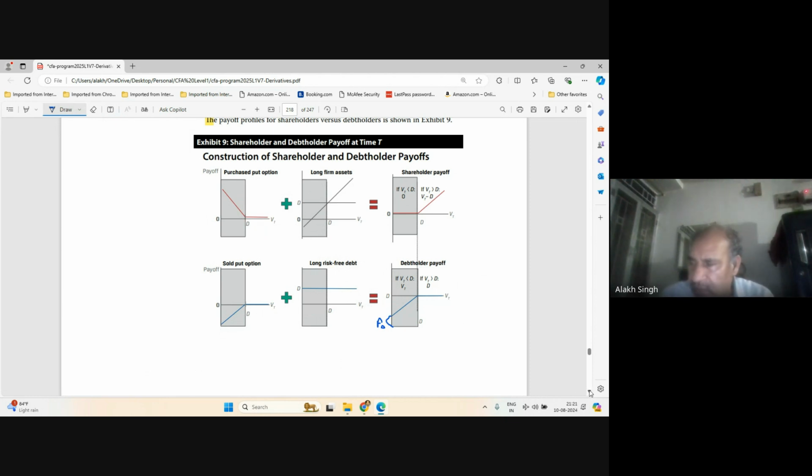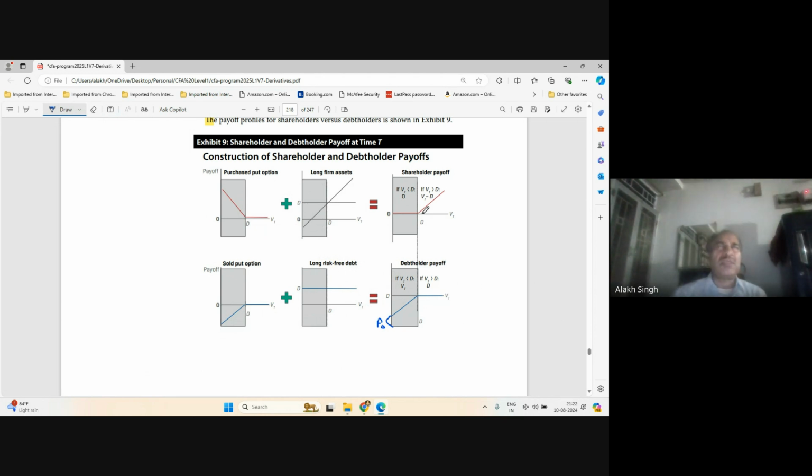So what did we learn? That this put-call parity model tells us that the stockholders have bought a call on the assets of the firm beyond the value of debt. Until D, they will not get anything, so the call also doesn't get anything until the exercise price.